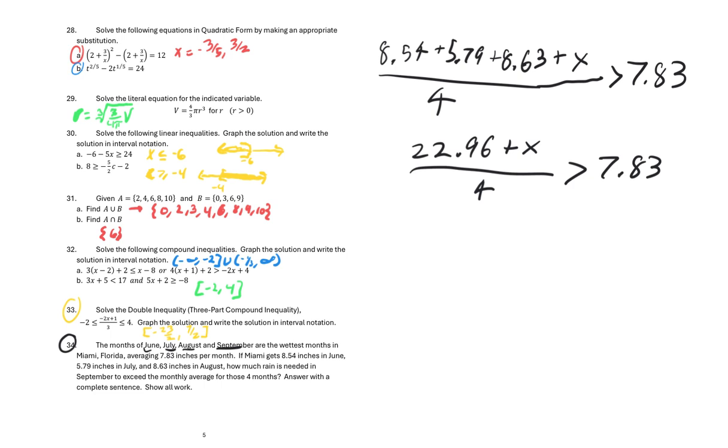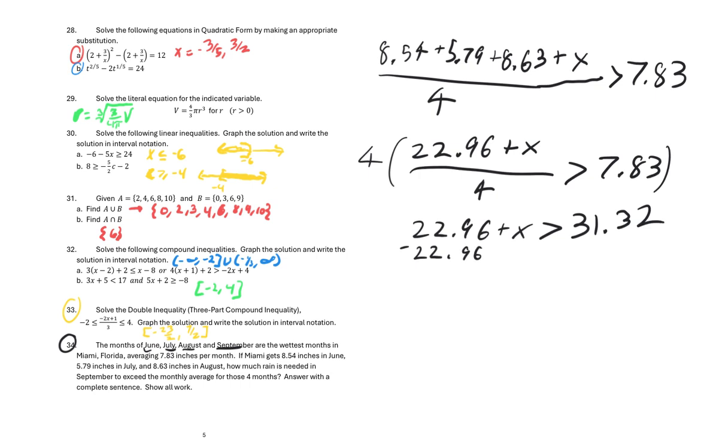Now what we're going to do is multiply by 4 to get rid of our fraction on both sides. So we're going to be left with 22.96 plus x is greater than 7.83 times 4, which is 31.32. Now to find what x is, we're just going to subtract 22.96 on both sides. And that should give us that x should be greater than 8.36 inches of rainfall.